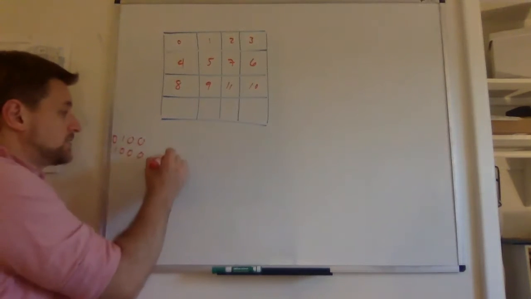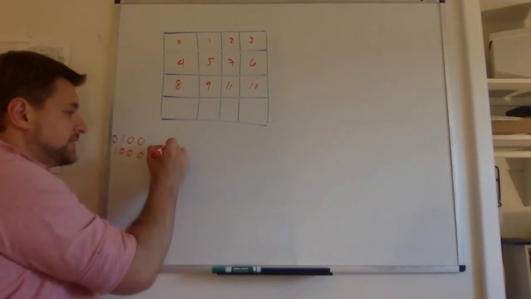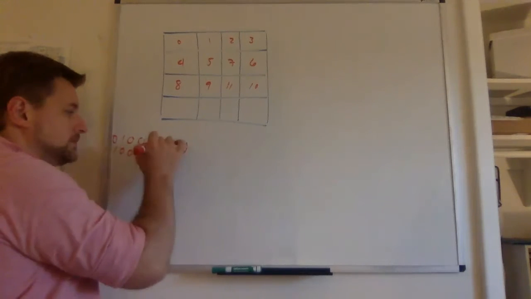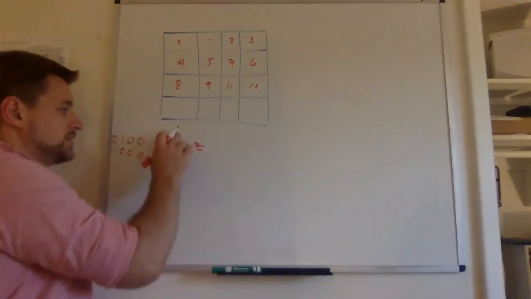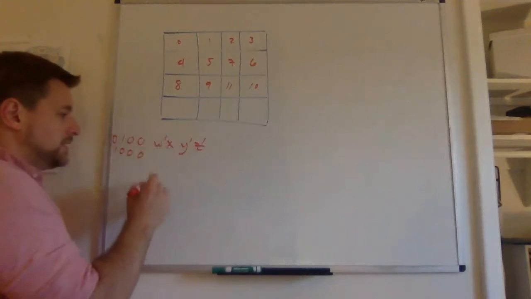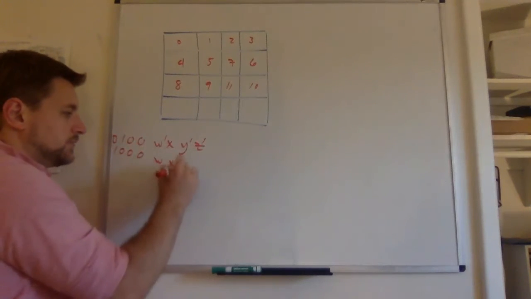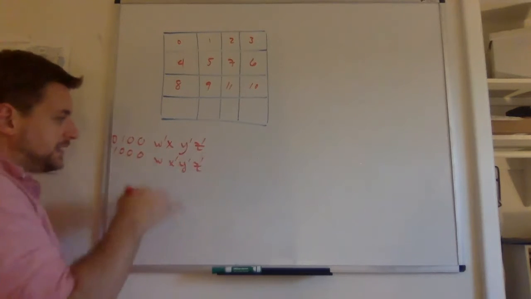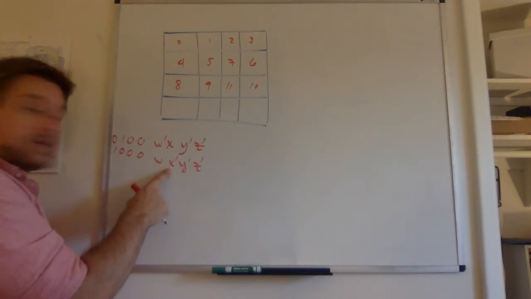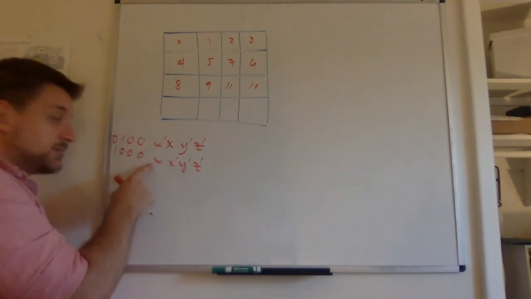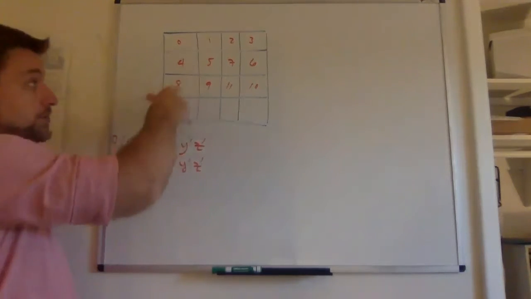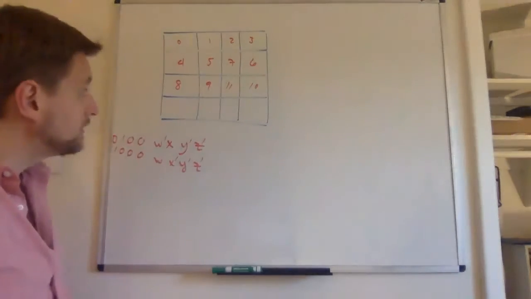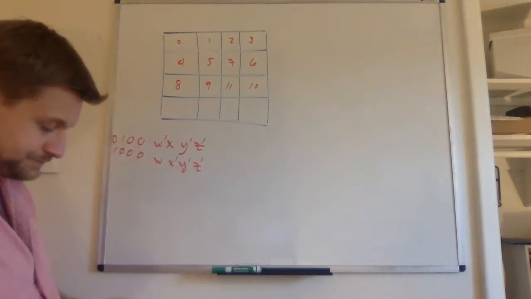If we write the expression, we've got W, X, Y, Z, but only this one is uncomplemented. And here we've got W, X, Y, Z, but only this one is uncomplemented. X is complemented in one but not the other, and W is complemented in one but not the other. So these differ by more than 1 literal. So I can't put 4 and 8 next to each other.